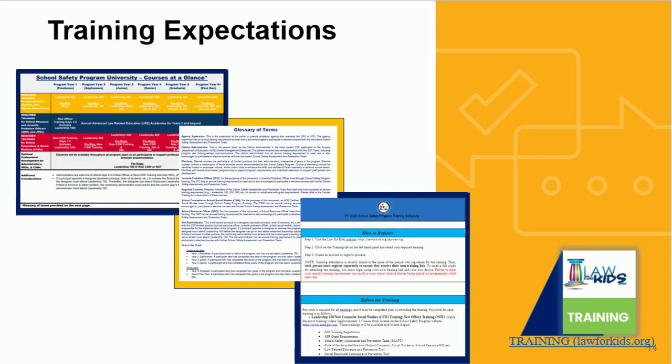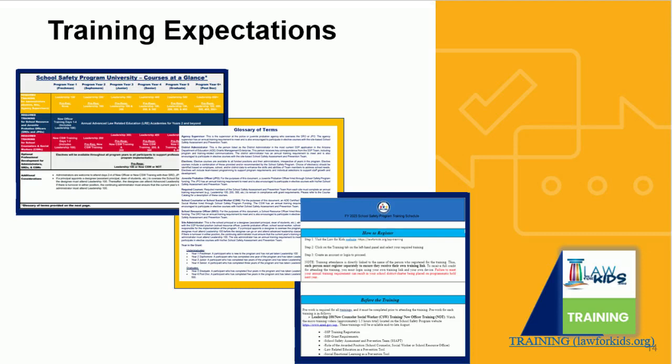Each year, every participant has an annual training requirement. This is one training per year. If a training is missed, the LEA will be placed on a programmatic hold, and the training must be made up the following year along with the training requirement for the current year. The training schedule is released each year by mid-July on our website and sent directly to the email listed for the district administrator.